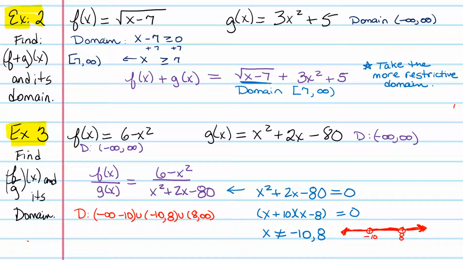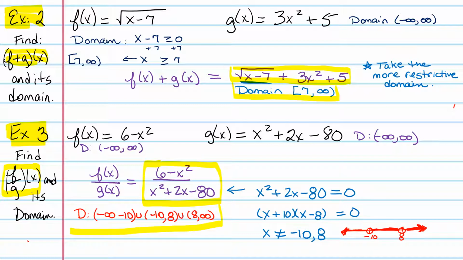So, just looking at everything quickly, f plus g of x is equal to this, and this is its domain. F divided by g of x is this, and this is its domain.